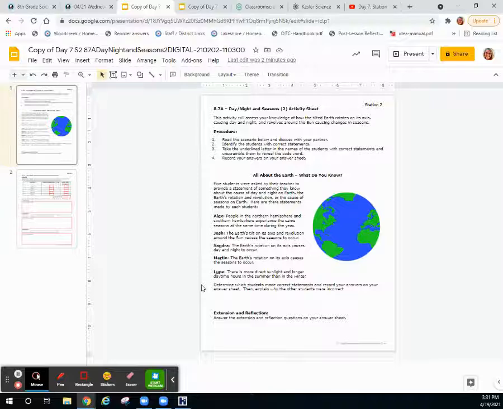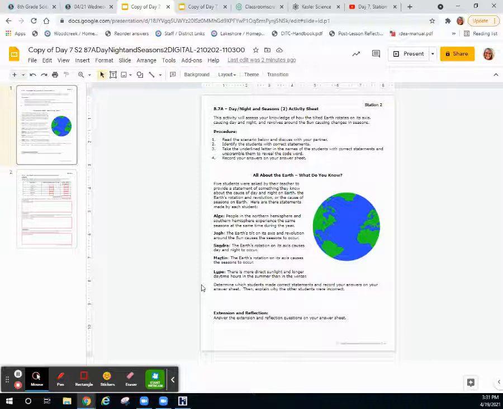So Alex said people in the northern hemisphere and the southern hemisphere experience the same seasons at the same time of year. Josh says the Earth's tilt on its axis and revolution around the sun causes the seasons to occur. Sandra says the Earth's rotation on its axis causes day and night to occur.